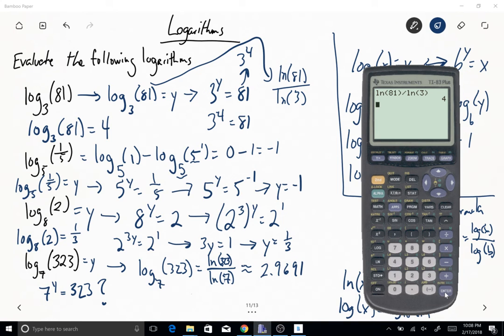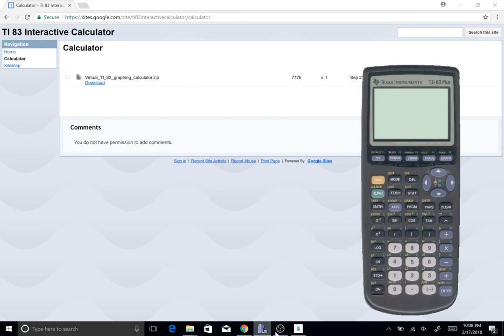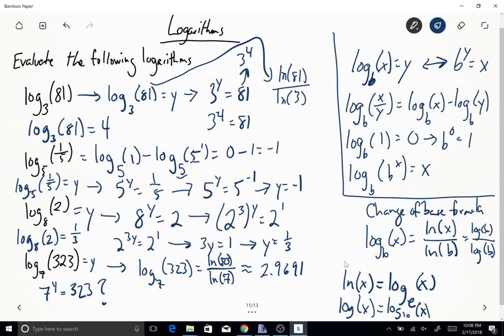So really the big one is the change of base formula that can do all of them for you in terms of evaluating logarithms. But it's nice to know all the other properties. You can cut down on your time and not have to use a calculator, and you can start to do them. Whoops, sorry, I didn't mean to go there. It gives you a way to kind of go about doing things.